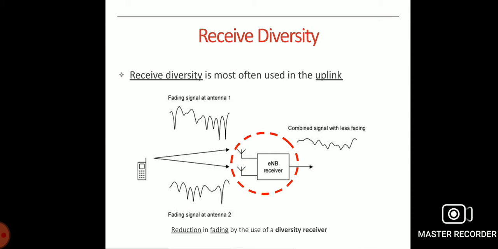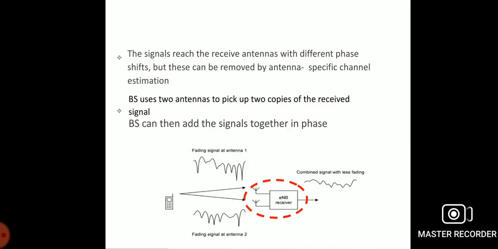So the two signals are received by two sets of antennas, received antenna 1 and received antenna 2. They can be combined with less fading due to channel estimation and symbol estimation. These signals reach the receive antennas with different phase shifts, but these can be removed by antenna specific channel estimations.